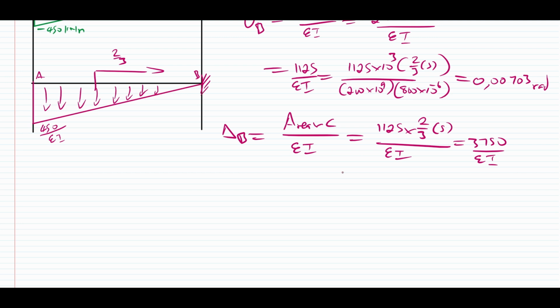And then you get 3750 times 10 to the 3 divided by 200.